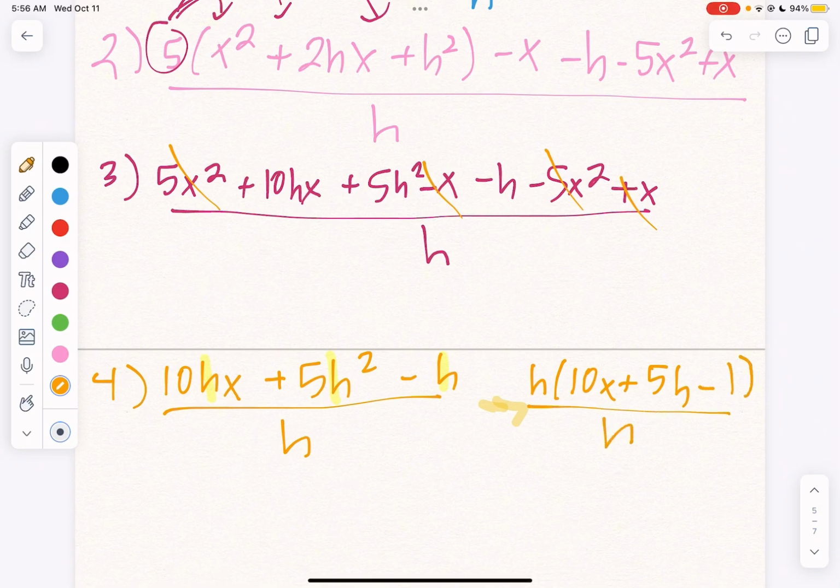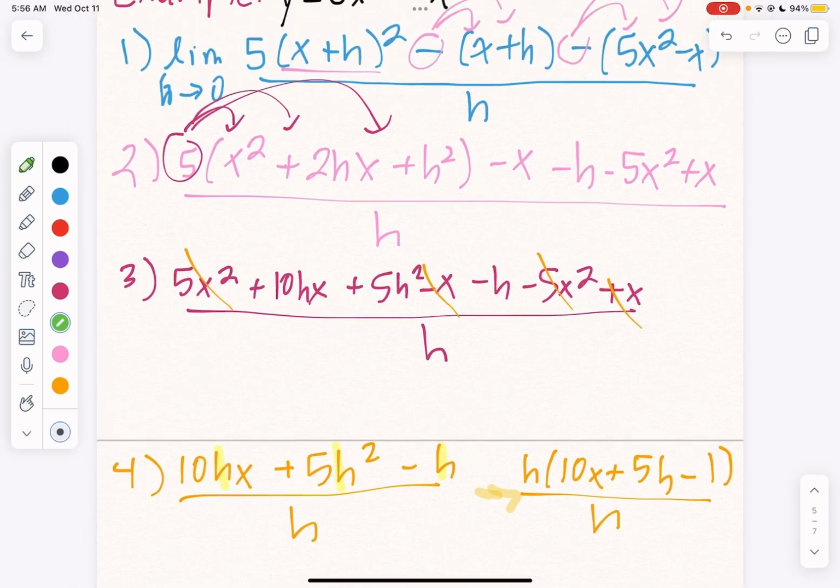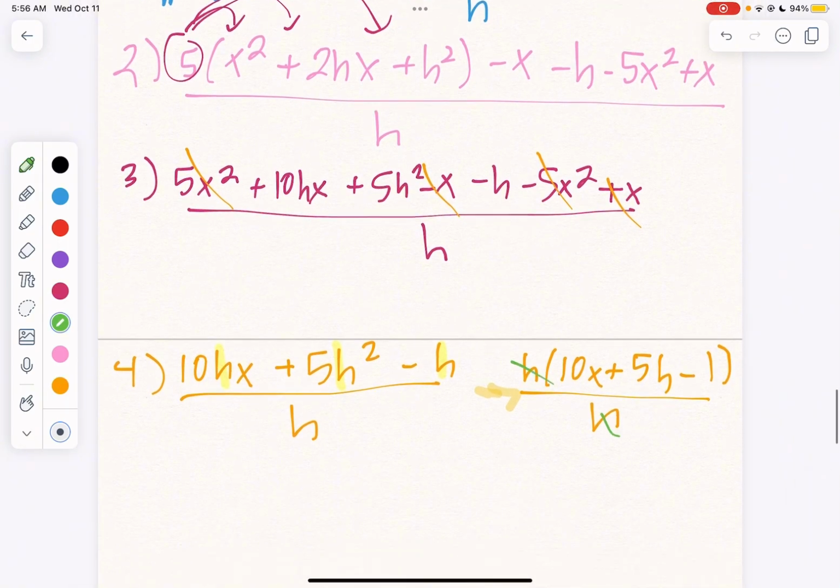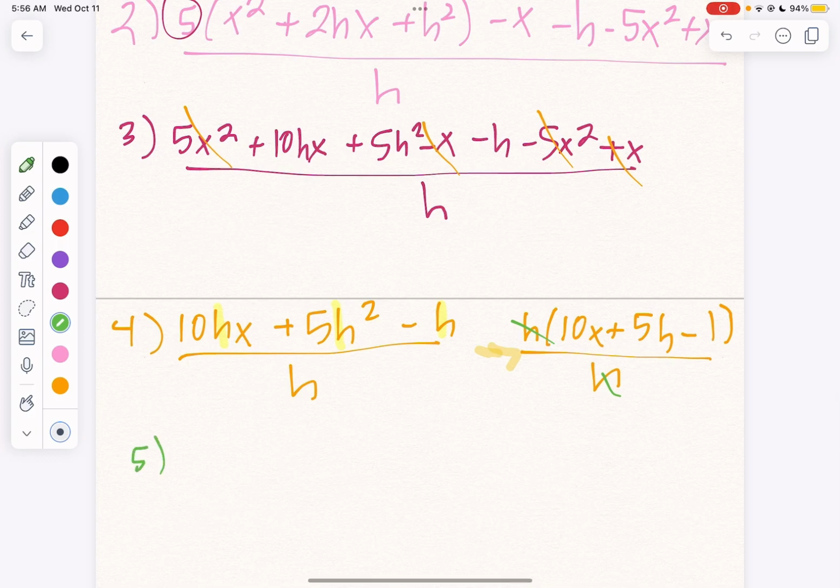Now, because of this, these two h's can cancel, and you're left with the limit as h approaches 0 of 10x plus 5h minus 1.